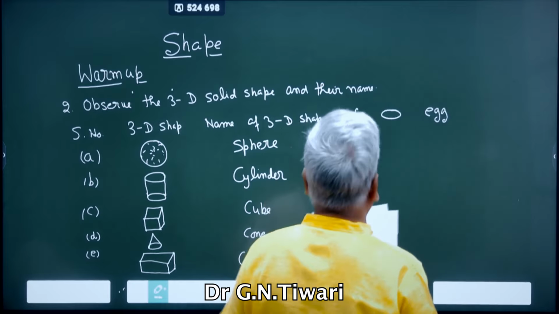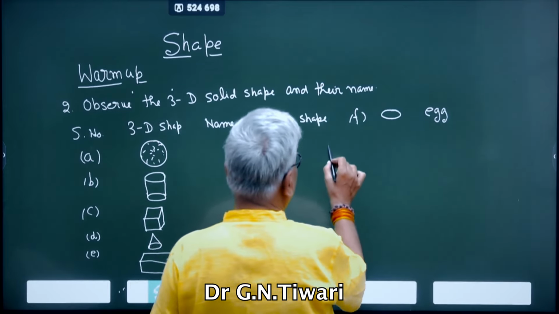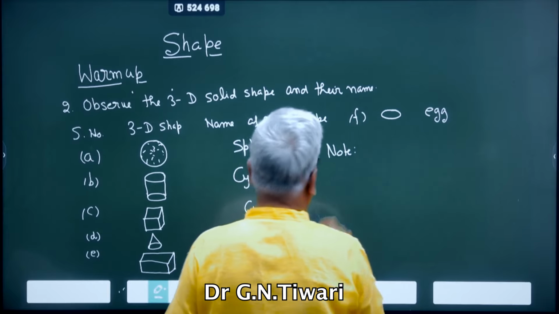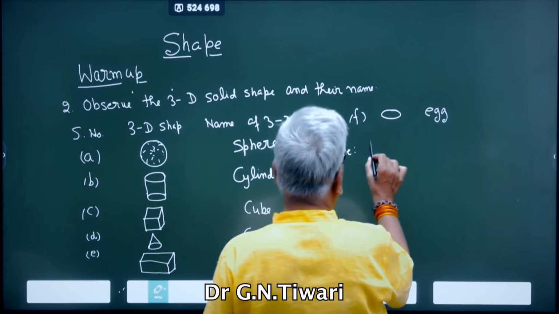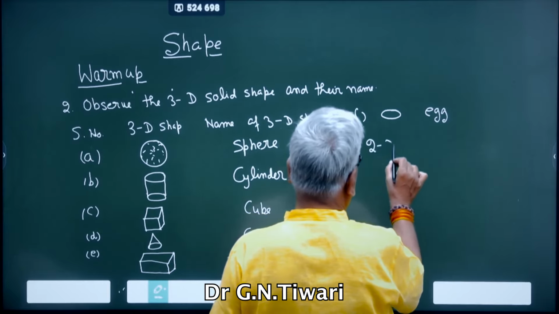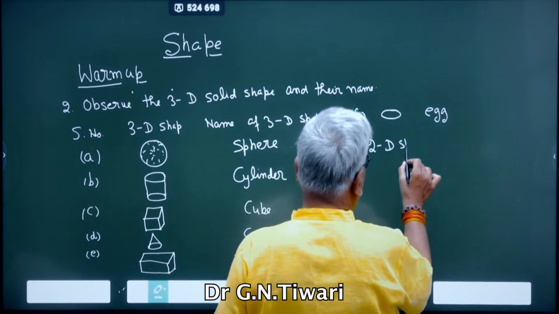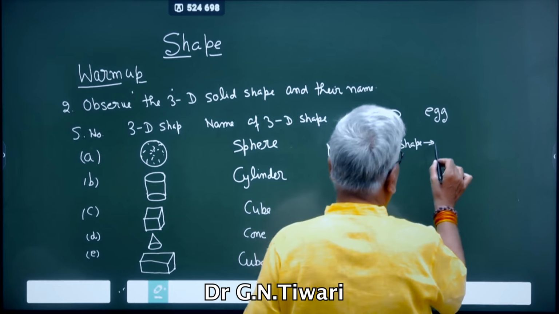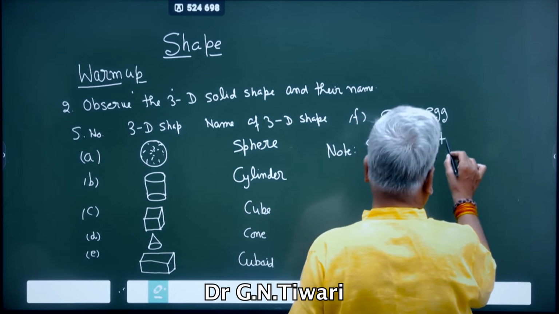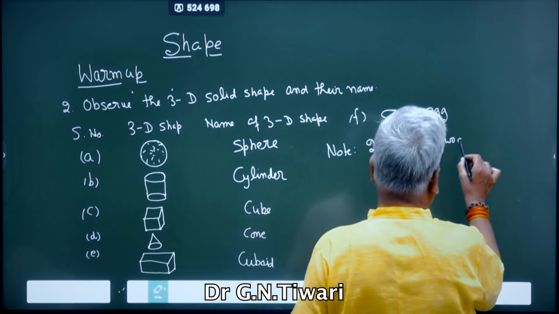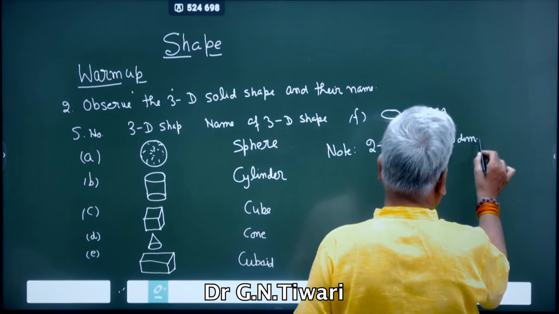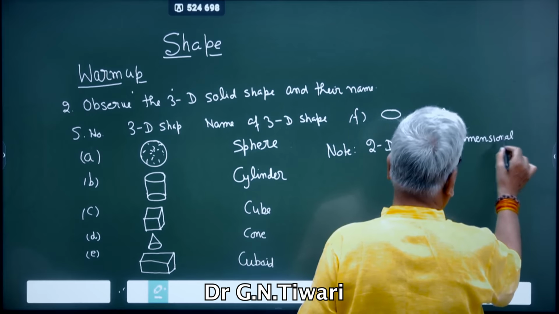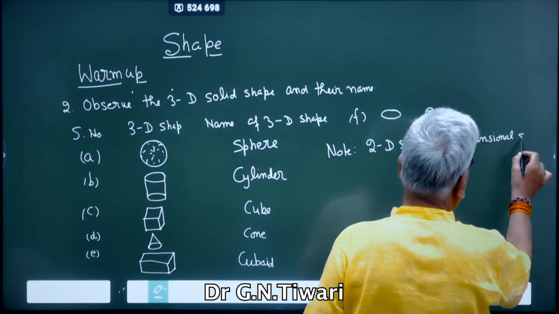But here I am writing some notes to be remembered by the students. When I say 2D shape, it means two-dimensional shape.